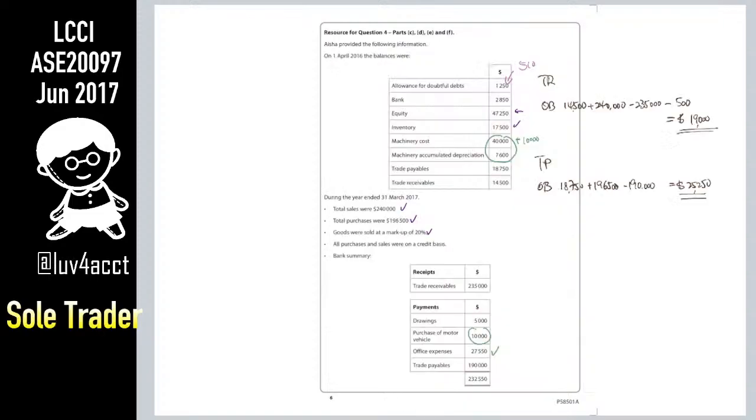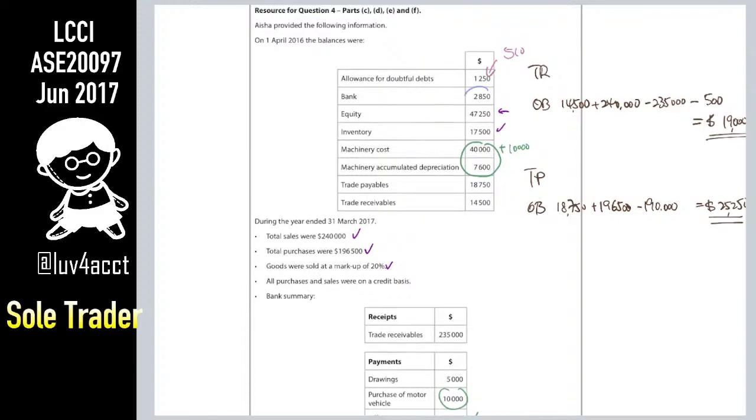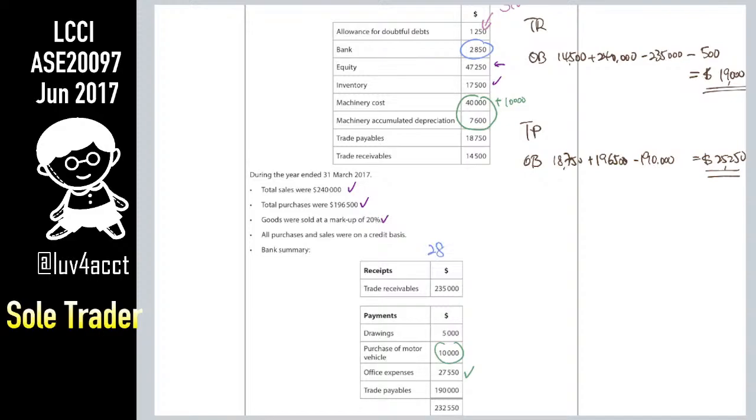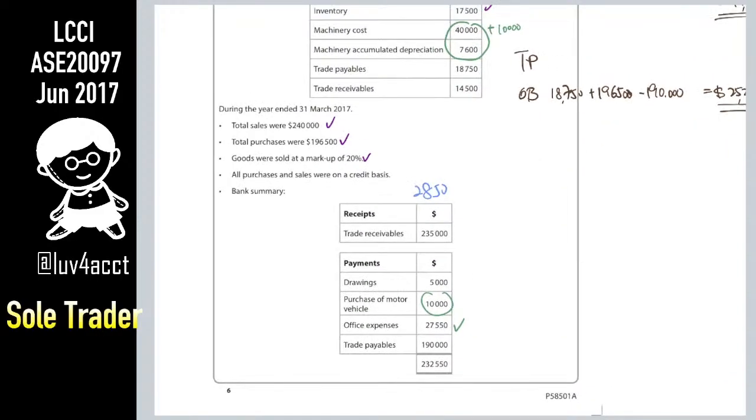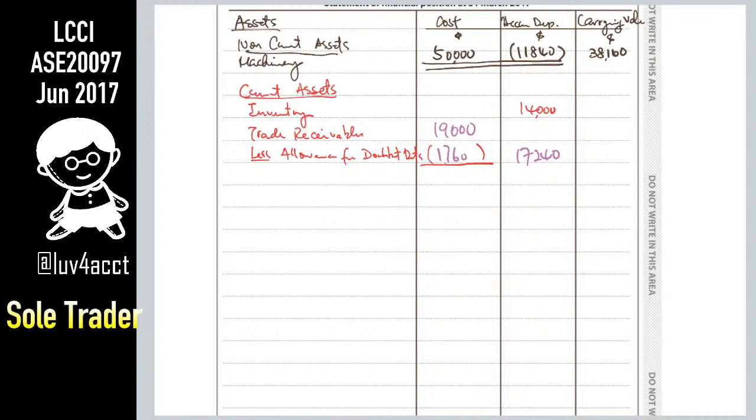Okay, how about bank balance? Let us go back. Originally, okay, let me use light blue. We have bank balance of 2850. So 2850 here. Add receipts minus all the payments. Okay, that will give you 5,300. $5,300 bank.